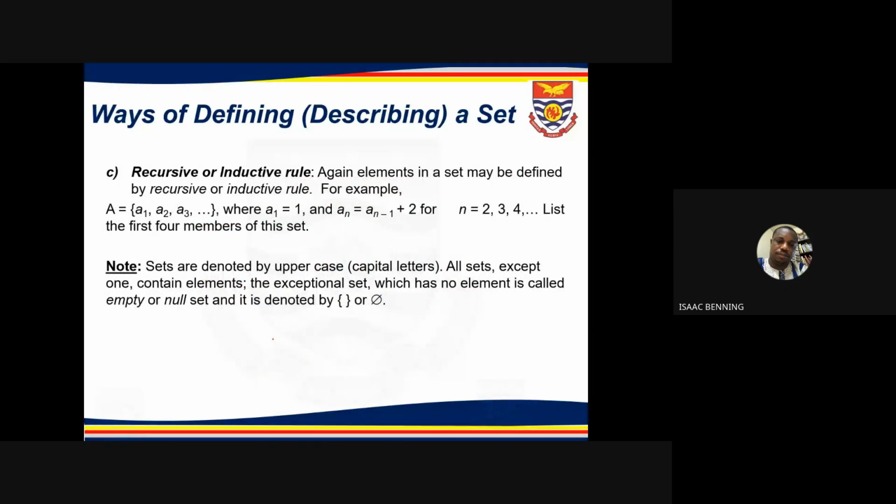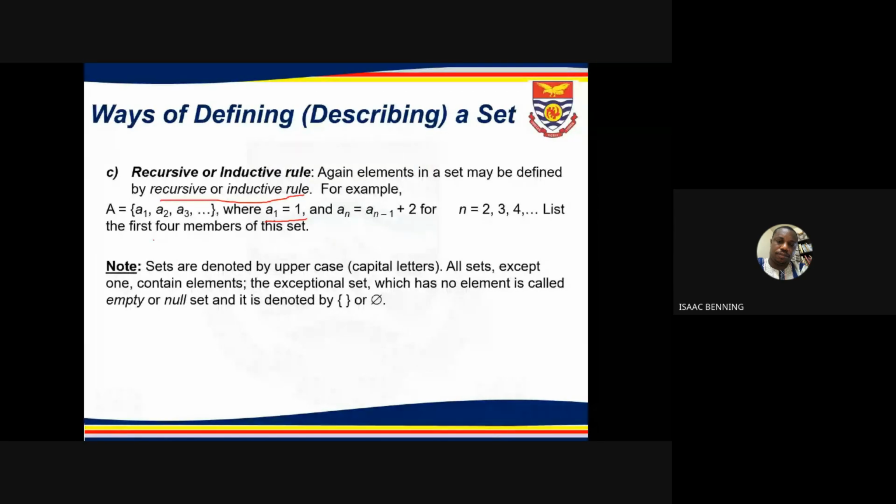Then the recursive or the inductive rule. Here, elements in a set may be defined by a recursive or inductive rule. So we give a rule, then some additional information that will enable us to list the members of the given set.